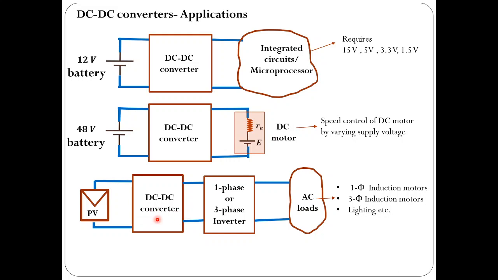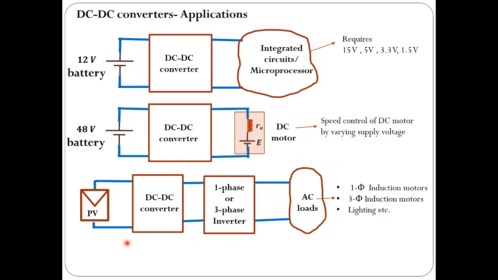In the first stage, a DC-DC converter adjusts the voltage. Usually the voltage available at a PV source is at a low level, so you have to step it up in the first stage, and then you have to invert it. Using an inverter, you convert that into AC to make sure that the power available is compatible with the loads, right? So we use a two-stage converter.